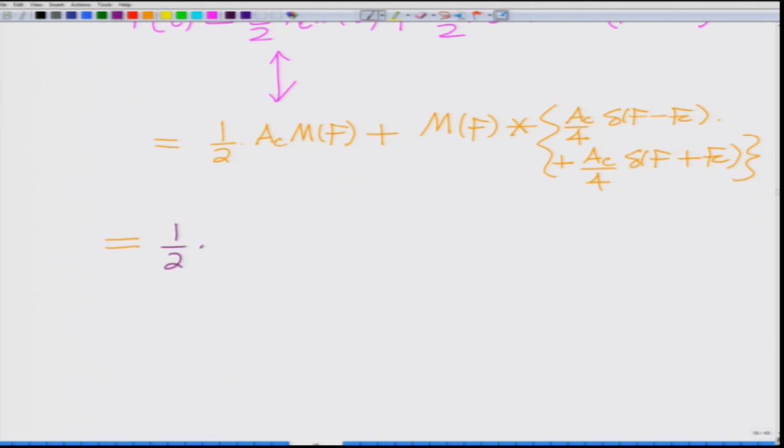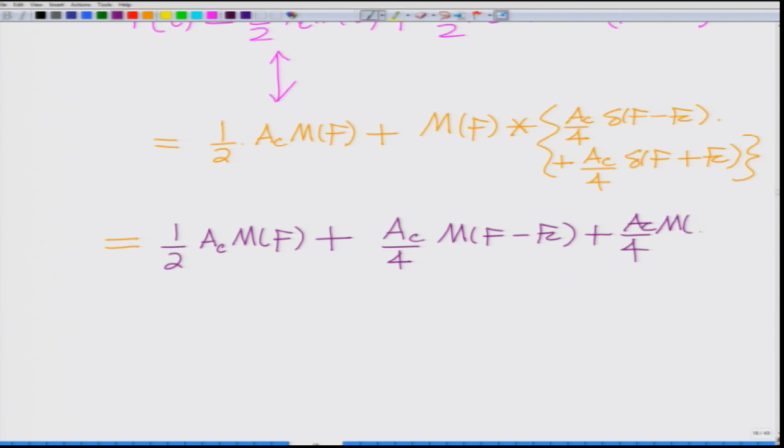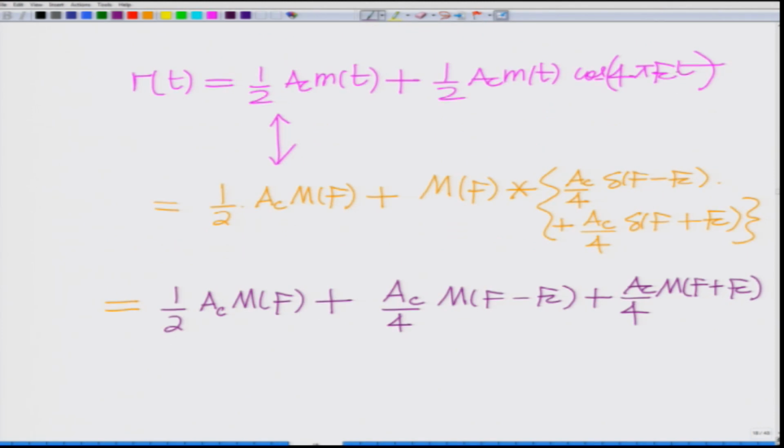So, this is half A c M f plus A c over 4 M f minus f c plus A c over 4 M f plus f c. I am sorry, cosine 4 pi f c t has components at 2 f c.